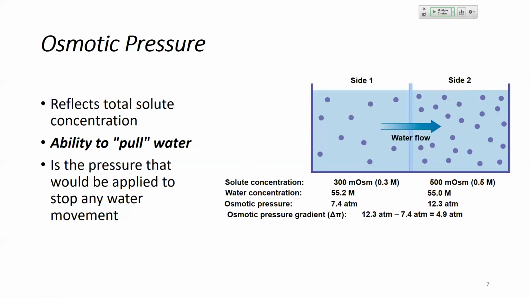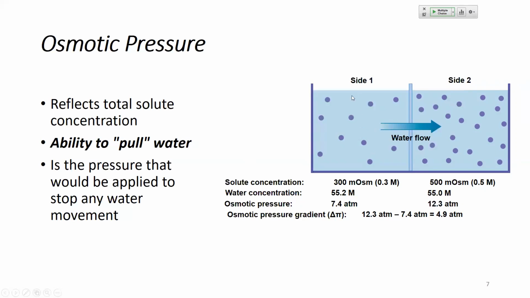And that pull is osmotic pressure. So it's an expression of the amount of solutes dissolved in concentration, and it's expressed as a pull or as a force. And that's your osmotic pressure.